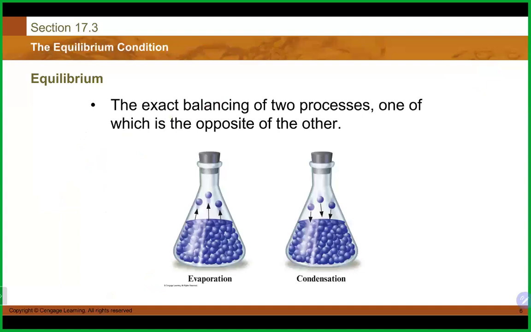As I talked about before, equilibrium is a condition where the rate of the forward reaction will equal the rate of the reverse reaction. And where we see a lot of equilibrium processes is in those transitions between phases as we go from solid to liquid or liquid back to solid.